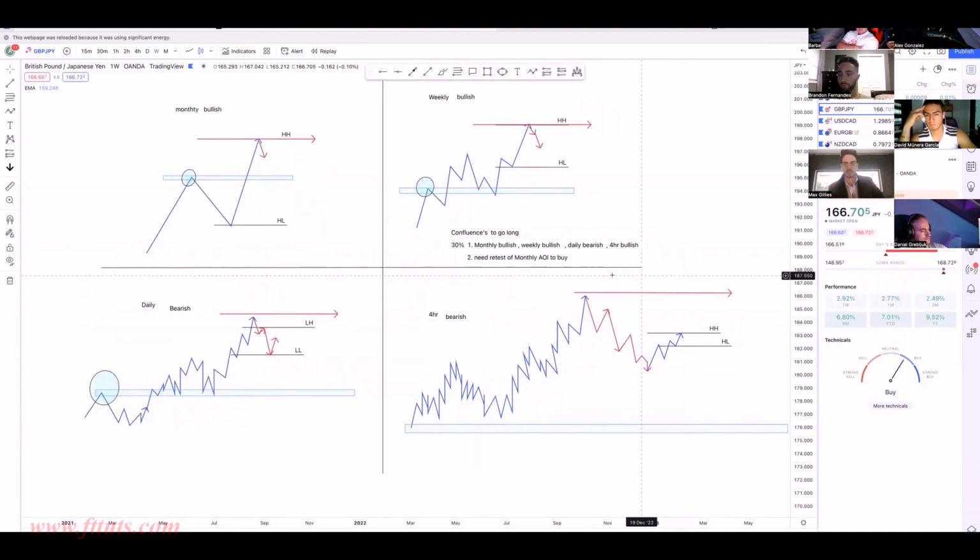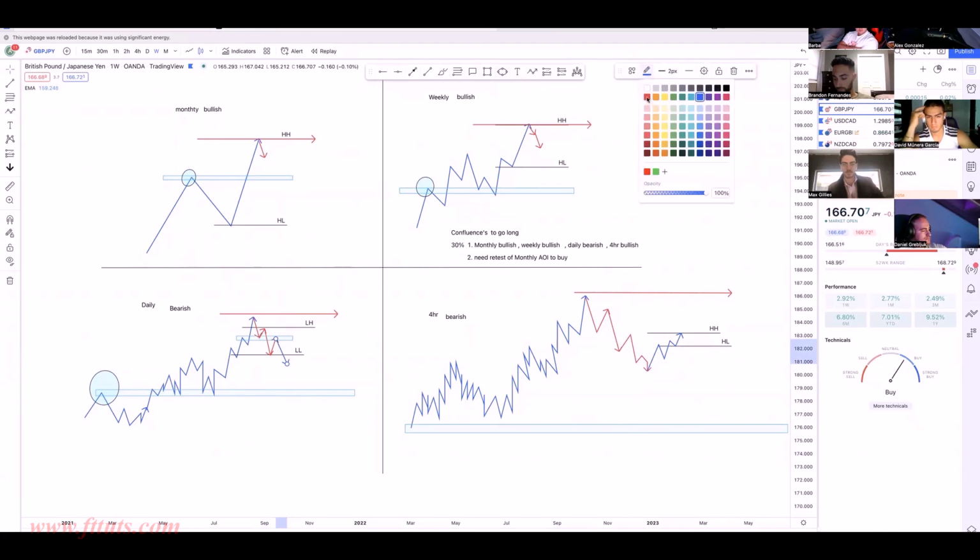So now that we understand that the 4-hour has gone bullish, the daily is bearish. Now the daily has rejected its area of interest. Let's just put here for this example's purposes, whatever, we found an area of resistance, support, resistance. Now the daily is going to create its new lower low.